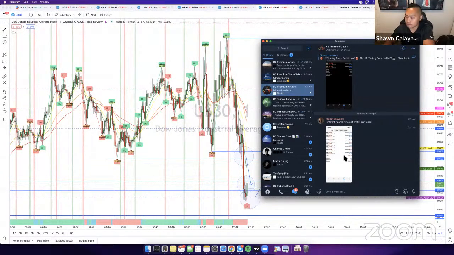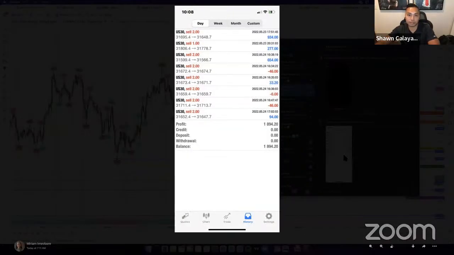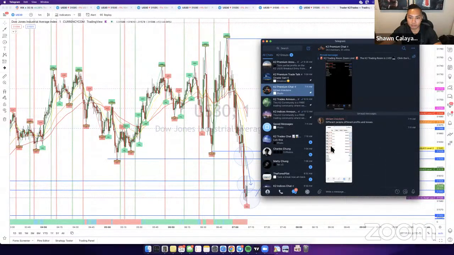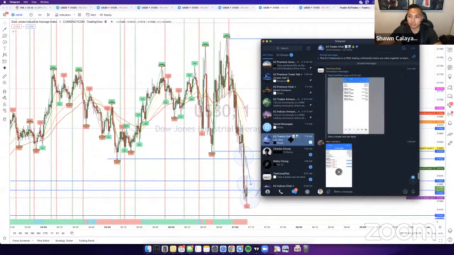The main key here, guys, is that you close out the day and week and month with net positive profits. Great work right here, Miriam. She took a bunch of trades in the direction of the bias and locked in some pretty good profit. Total profit of 1,894. Great consistency right there with staying in profit.